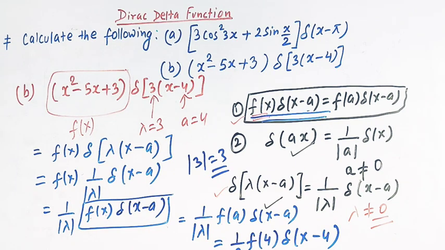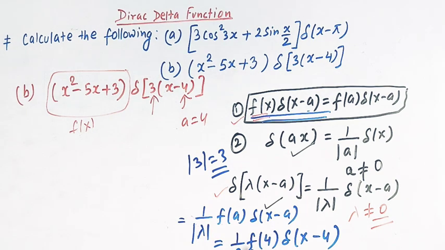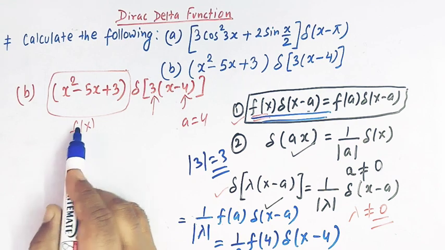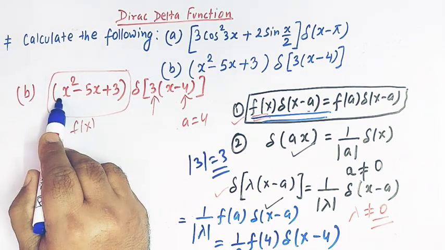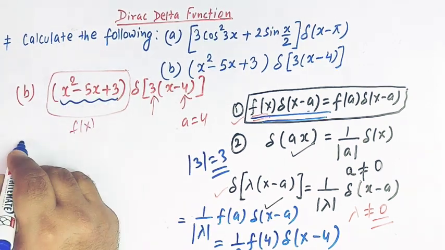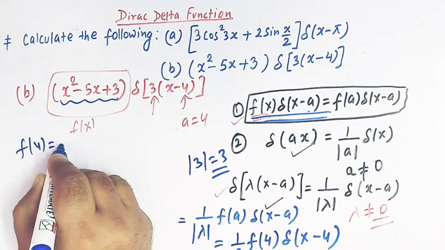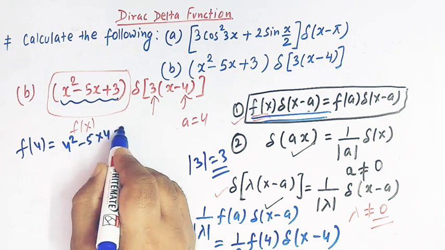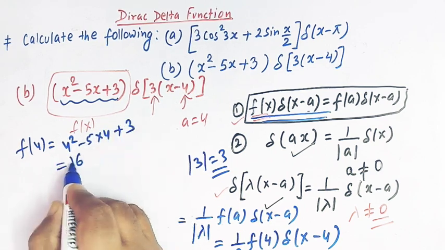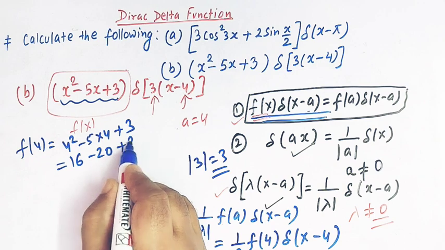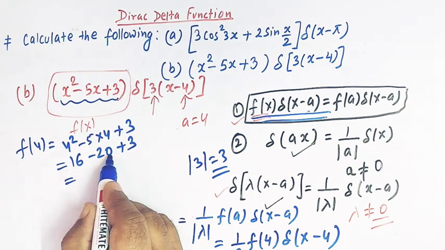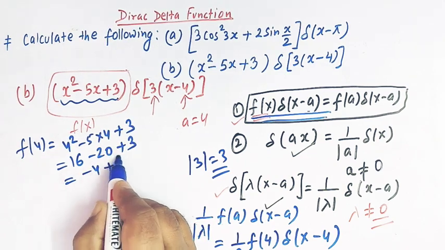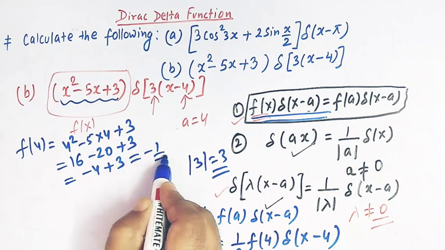Now we need to find the value of f of 4. f of 4 can be obtained by taking x is equal to 4 in this expression. So f of 4 is 4 square minus 5 times 4 plus 3. This is 16 minus 20 plus 3; 16 minus 20 is minus 4, and plus 3 is minus 1.